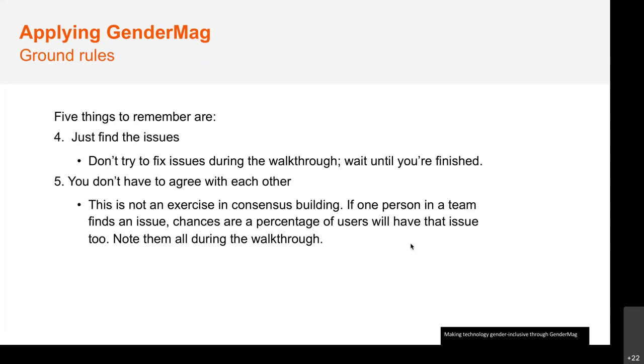Okay, and also from Aga, a question about when you're going through this, would you use all three personas? Okay, so during a specific walkthrough where you're evaluating a use case, you only use one persona.